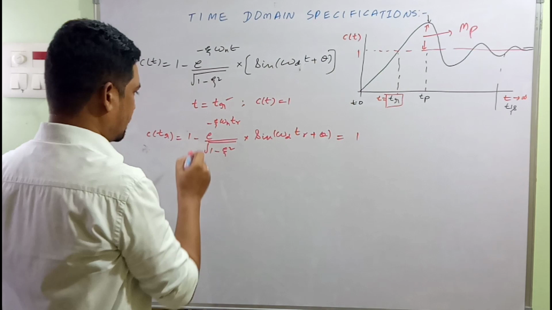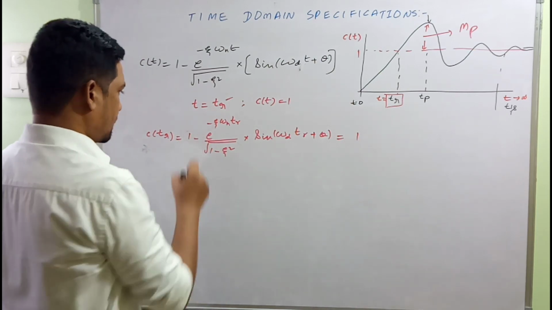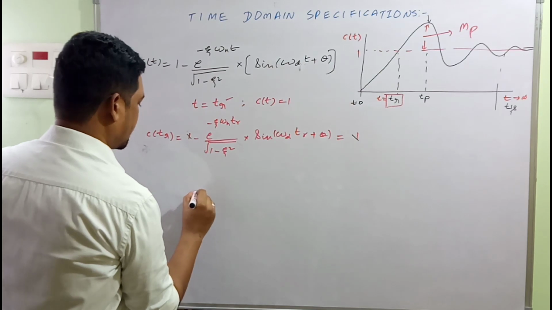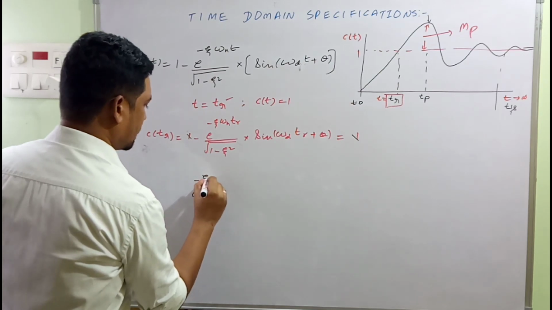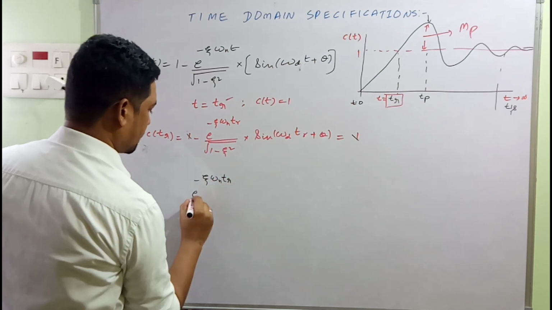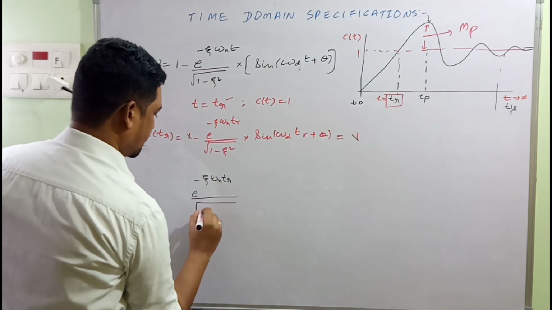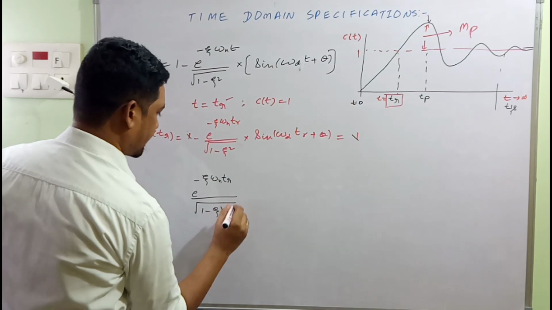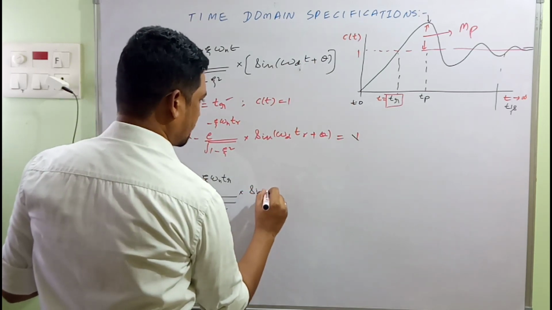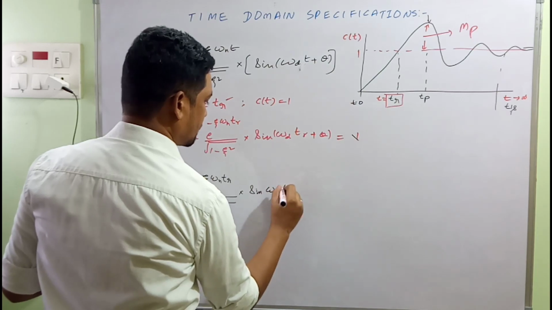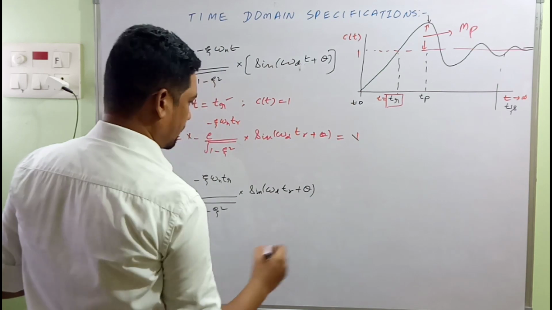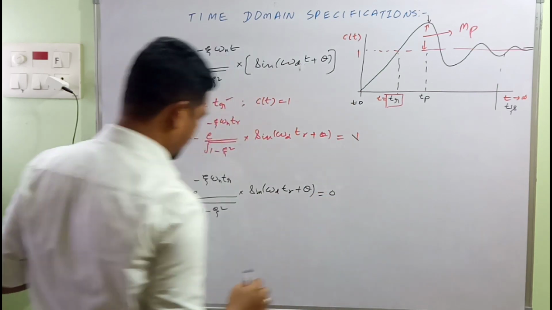Now guys, the 1 and this 1 get cancelled, and we have e^(-ζωn tr)/√(1 - ζ²) · sin(ωd tr + θ) = 0.